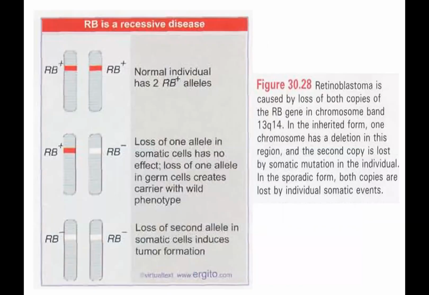Okay, so if you have understood what happens in deletion mutations in a chromosome, let us see what happens in this disease. What was seen in the patients when they did the karyotype of the tumor cells from the eye cancer tumors was that a band of the chromosome was missing from chromosome 13, the 13q band.